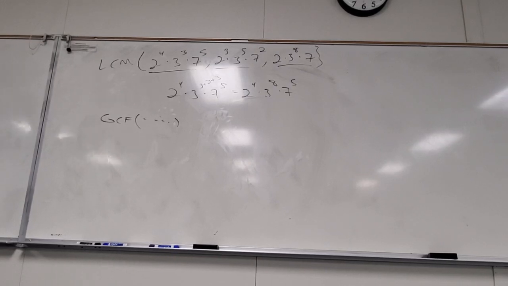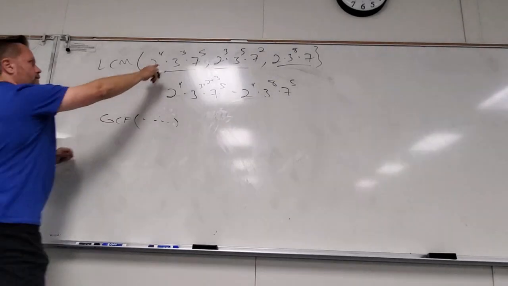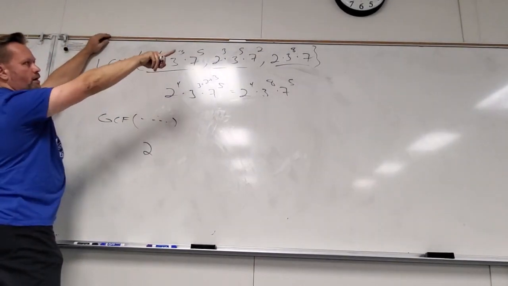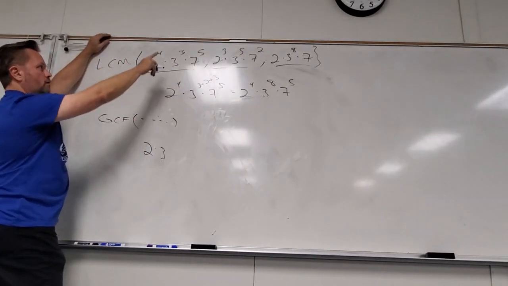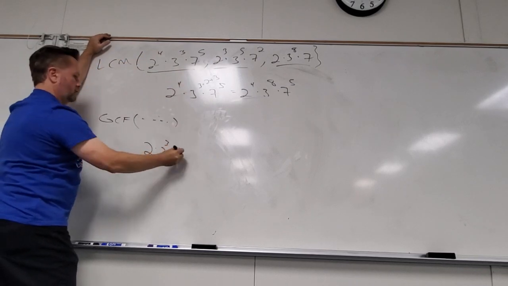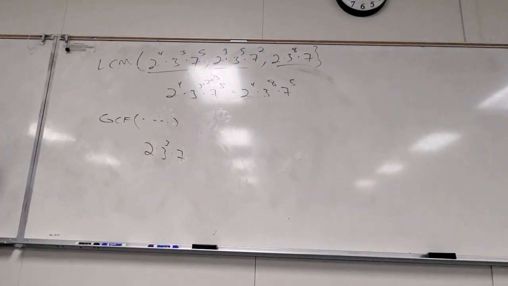It's because I'm multiplying it up, correct? GCF, greatest, but I'm trying to divide it down. I'm trying to get the greatest common factor. So in this case, the lowest power on 2 is first power. Lowest power on 3 is third power. And the lowest power on 7 is first power. So that would be the GCF.